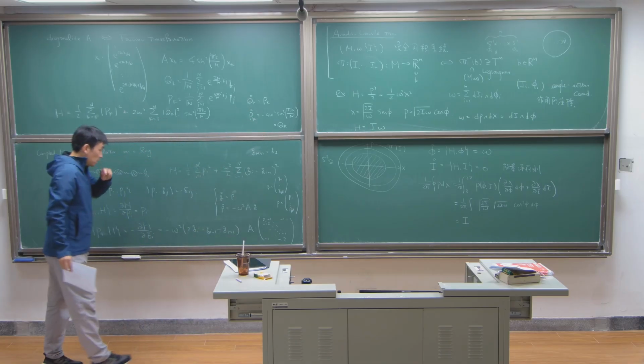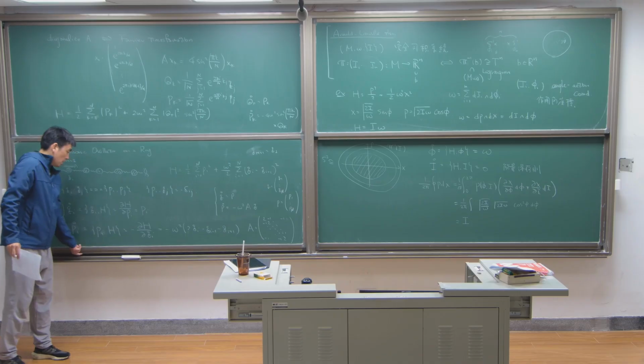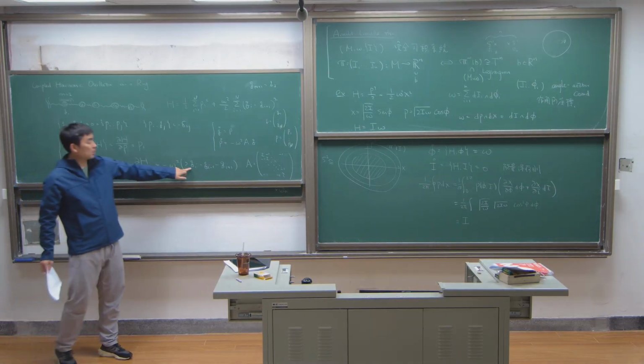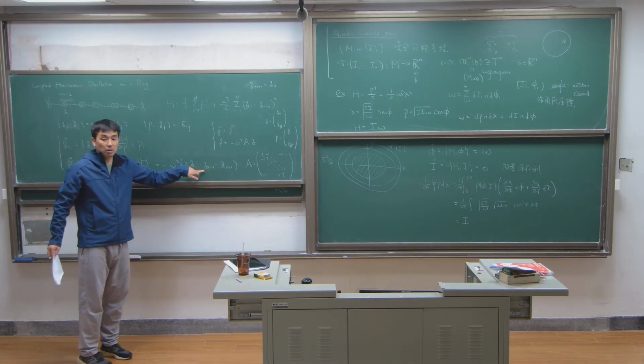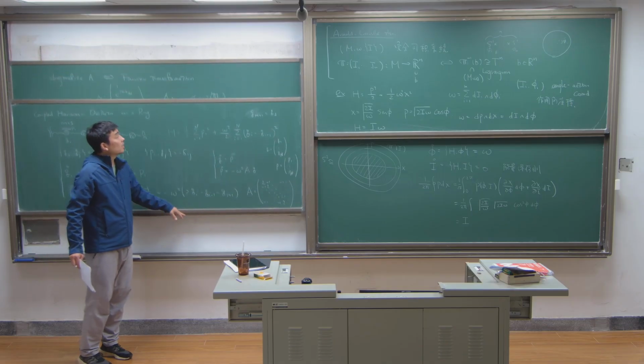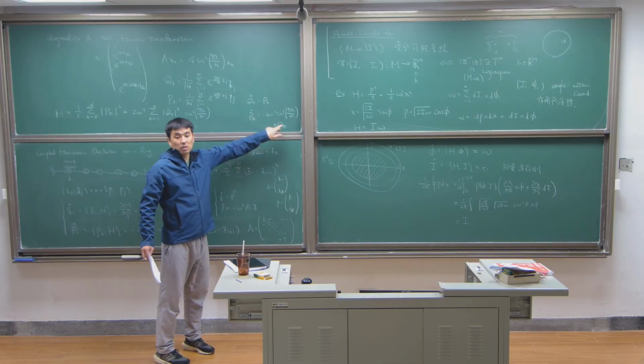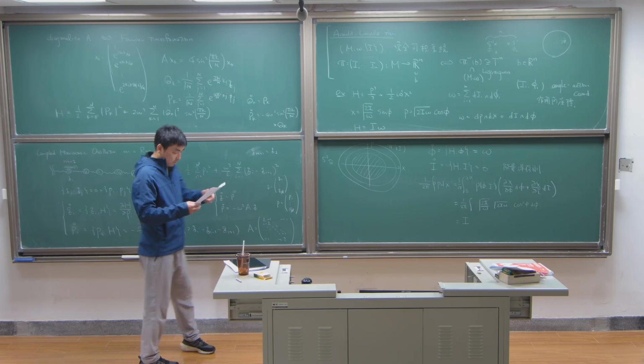Previously, p_i dot involved a bunch of coordinates, q_k and q_i, whereas here you just have this single coordinate Q_k.